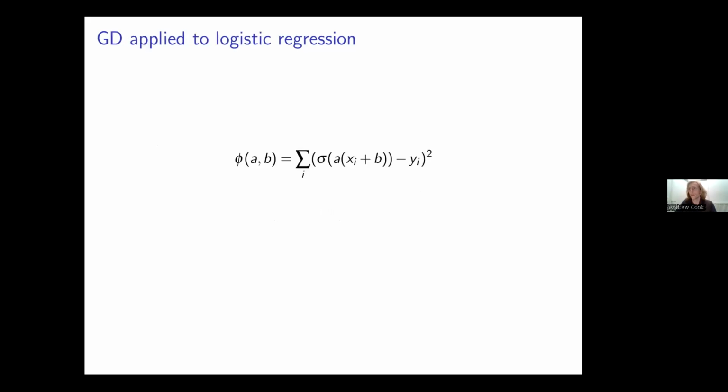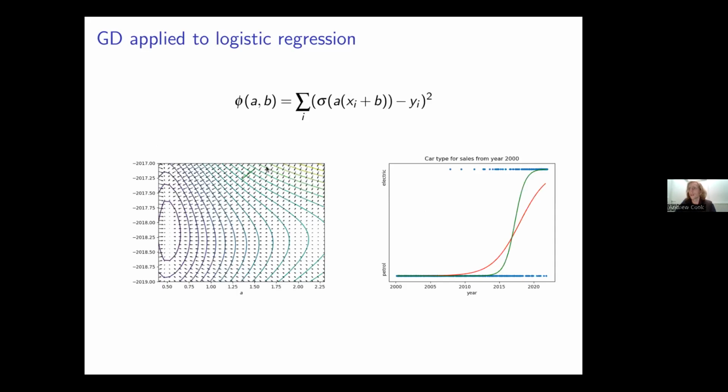So let's look at an example. Here we've got that sum of squared errors like I had on the previous slide, and now I've got the logistic model that I showed you before as the model we're trying to optimize. The nice thing about having these two parameters is you can plot it. Here we've got our contour plot with the gradient like before, except this time I've got the negative gradient, so it's pointing down towards some minima.